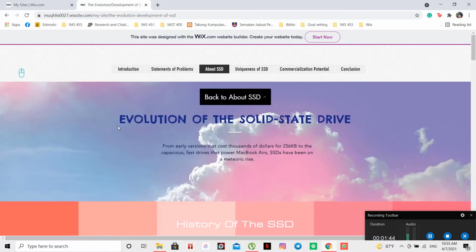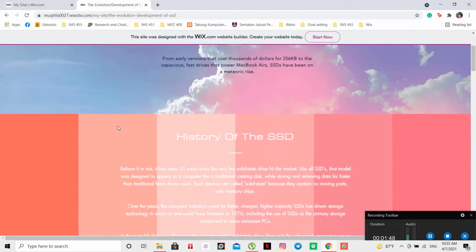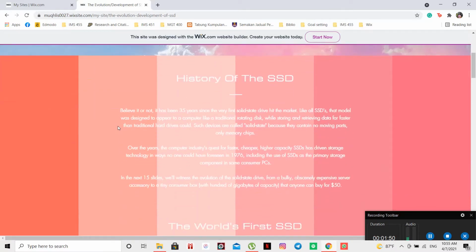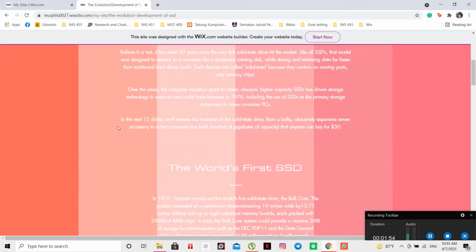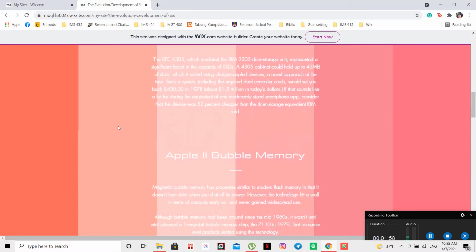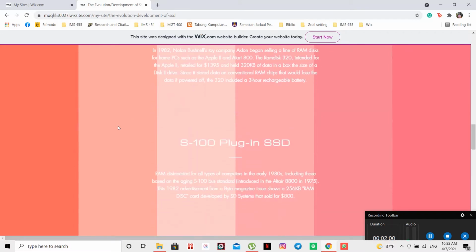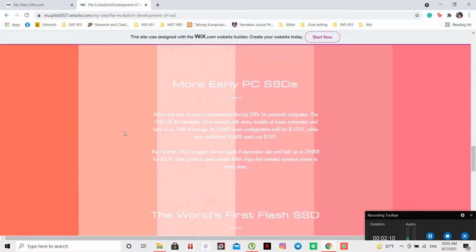The evolution of solid state drives web page states the history of the SSD: the world's first SSDs, cabinet-size SSDs, Apple, bubble memory, and so on. Basically, it's about the evolution from physical traditional hard drives into SSDs.